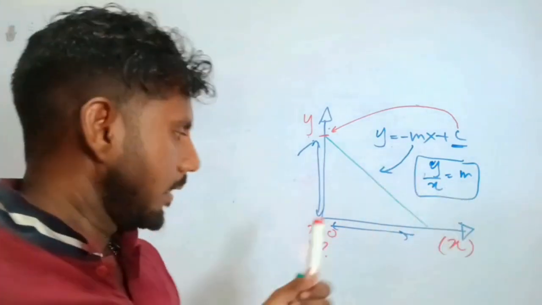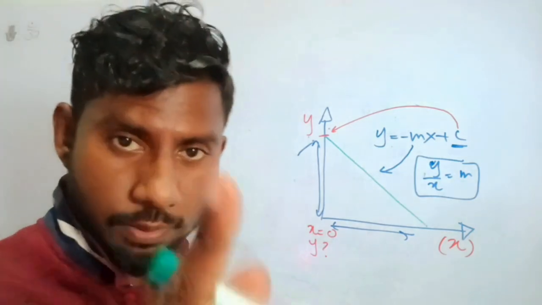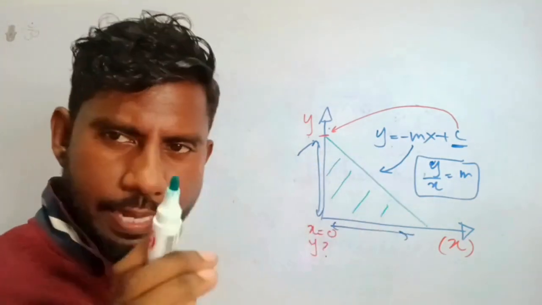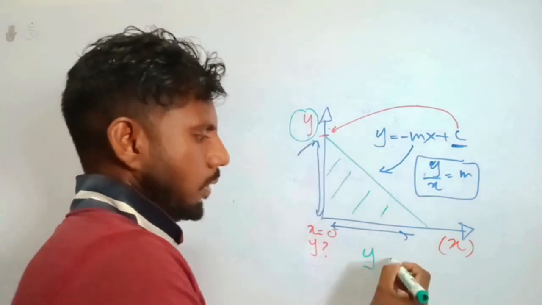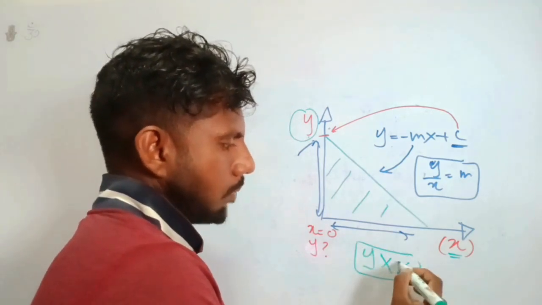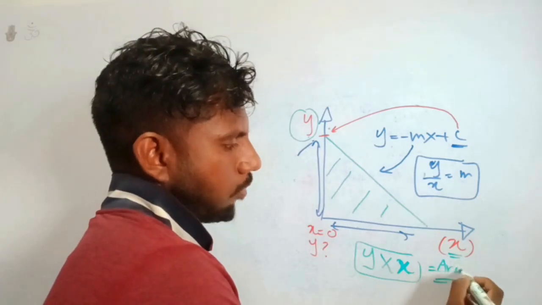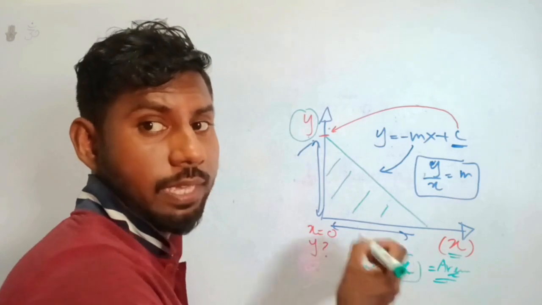Now we know the gradient, now we know the intercept, and from a graph there's another thing we can get out of it, which is the area. Basically the area will give the y value multiplied by the value given in x. So this multiplication is giving us the area. From the area we can find the product of y and x.